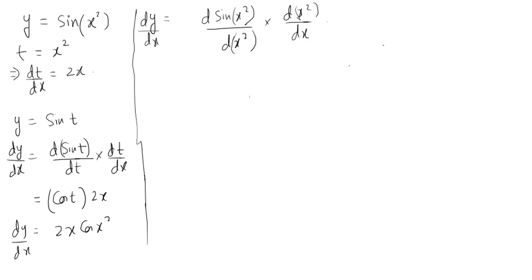Now d sine x square by d of x square will be cos of x square, because d sine of any variable divided by d of that variable is equal to cos of that variable, and this is 2x. Again, this can be done in two steps like this also. If you have any doubt in this, please ask.